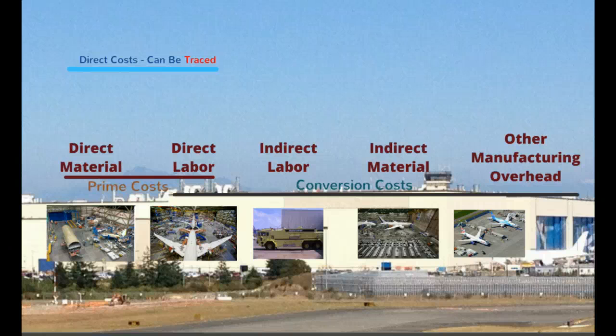We have other manufacturing overhead. All four of these kinds of costs are involved in converting direct material to product. So these four costs, direct and indirect labor, indirect material, and other manufacturing overhead, are called conversion costs. So we make a distinction between prime costs, the direct material and direct labor that go into the aircraft, and conversion costs, which are the costs involved in converting raw material into a finished aircraft.